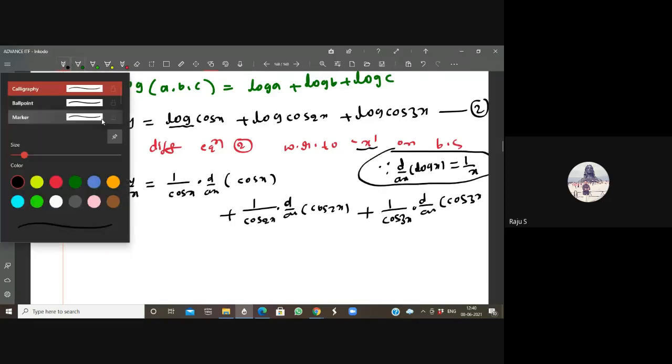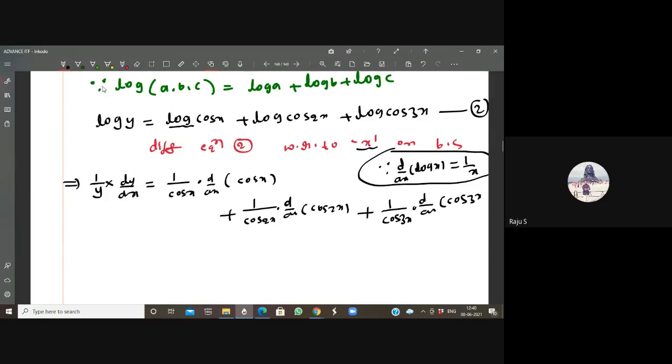Now write it. Here we require only dy by dx, we don't want y, so take y to the right side. dy by dx is equal to y times. What is the derivative of cos x?